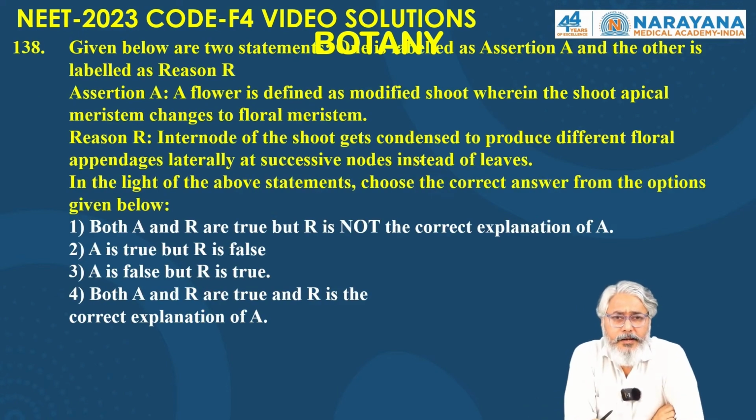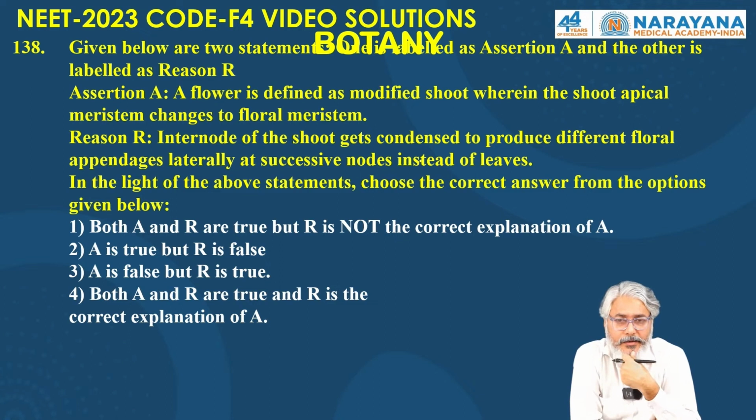A flower is defined as modified shoot, wherein the shoot apical meristem changes to floral meristem. That is correct. Internode of the shoot gets condensed to produce different floral appendages laterally at successive nodes instead of the leaves. Actually, it is also correct. That's why thalamus is called the condensed shoot.